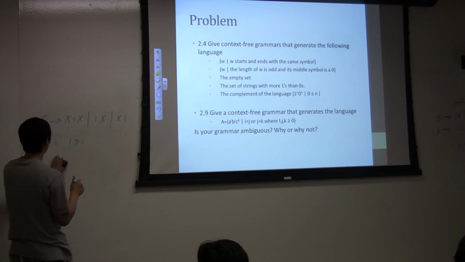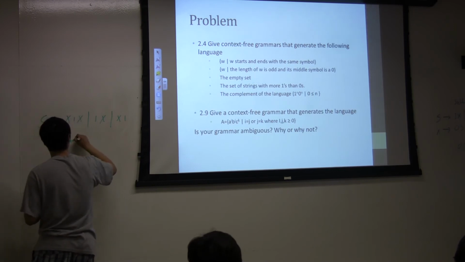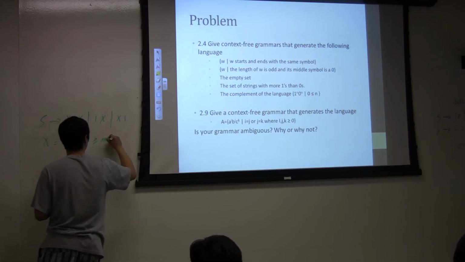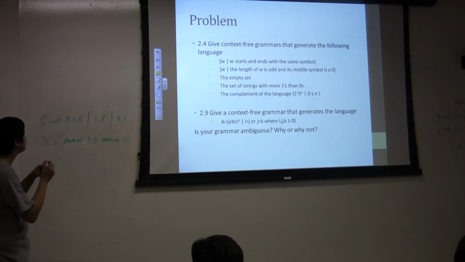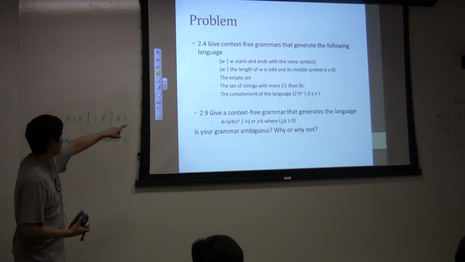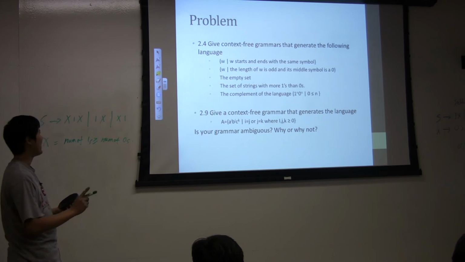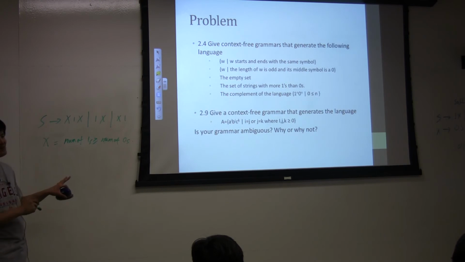Oh, okay, you're right. Isn't that the original problem? No, the original problem is more ones than zeros. You downgraded one level. One is strictly greater than, and this one is maybe greater than.